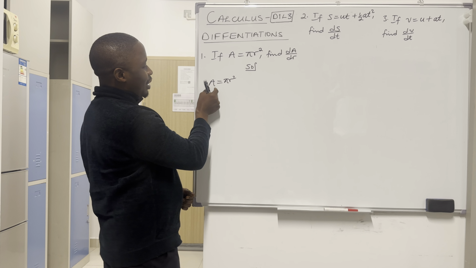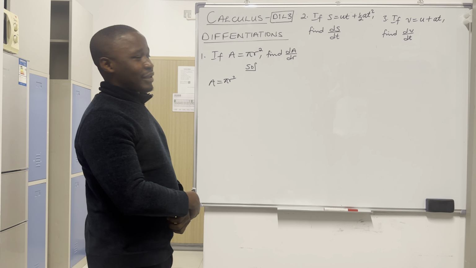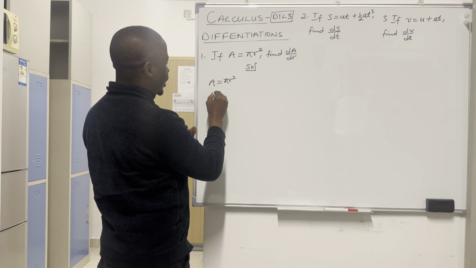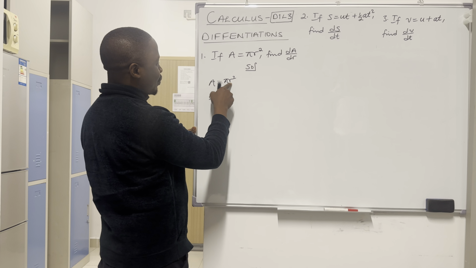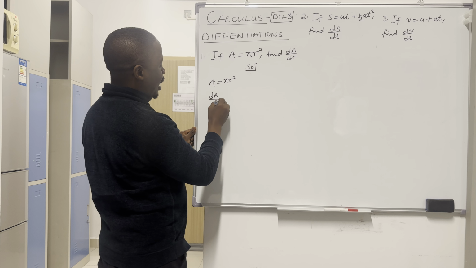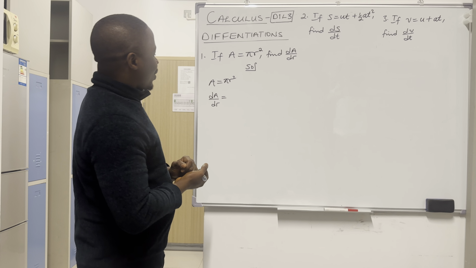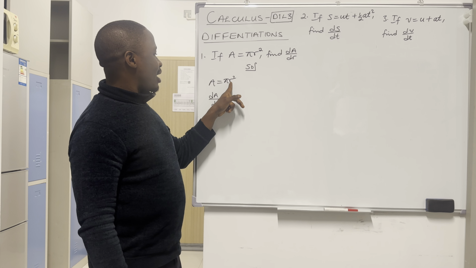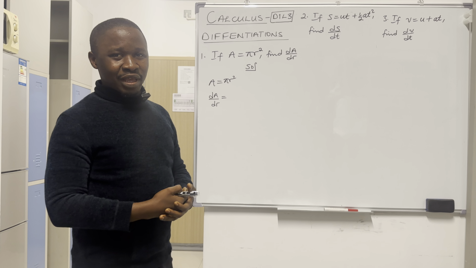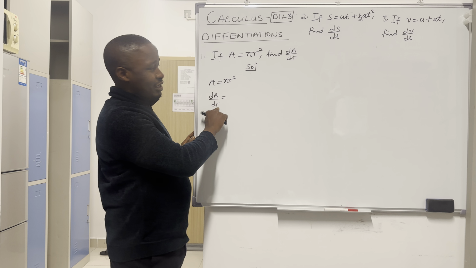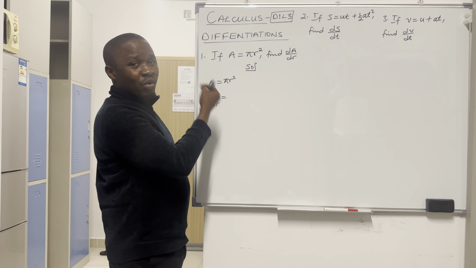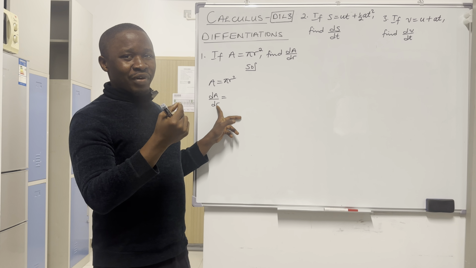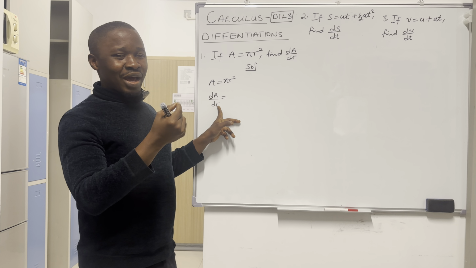Here is a function A in terms of r, so we say dA in terms of the radius, dr. We have pi and we have r, but what is our variable here? Our variable is r, so pi is a constant. So we are considering the power of r and the coefficient of r.